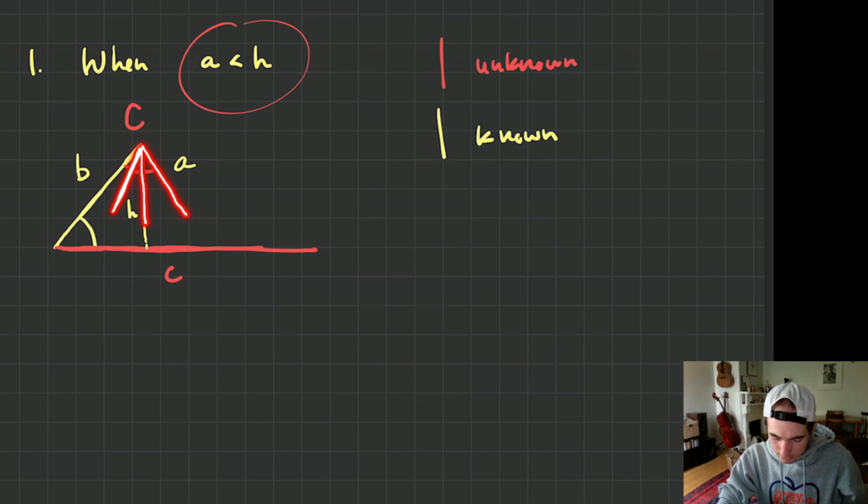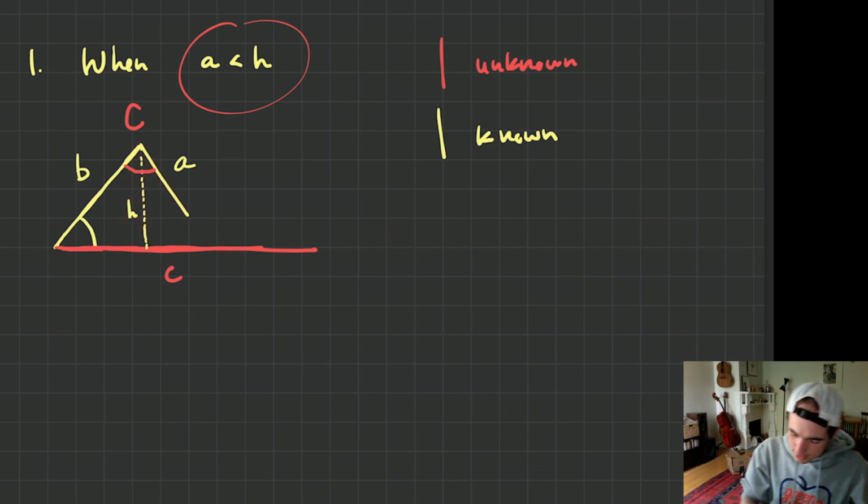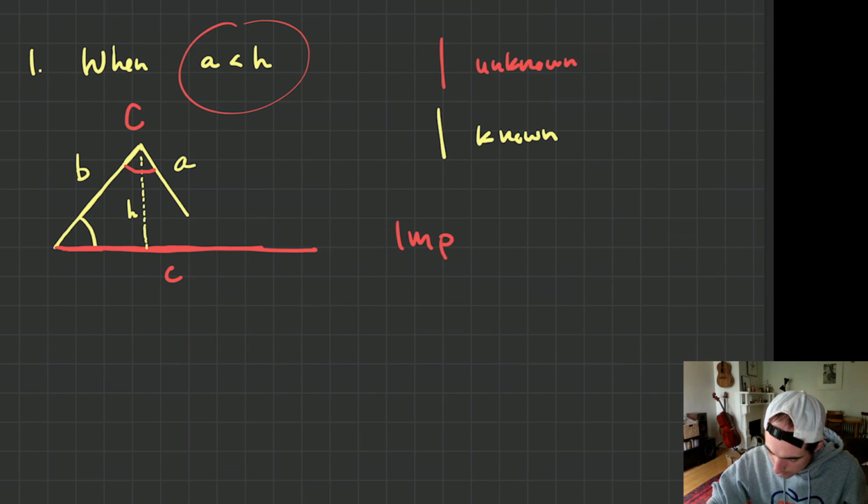This is an impossible triangle. It doesn't matter what the angle of C is. C could be anything here. It doesn't matter what your angle is, since A is less than H, it's not going to intersect with our side C. It's impossible. So this is an impossible triangle.